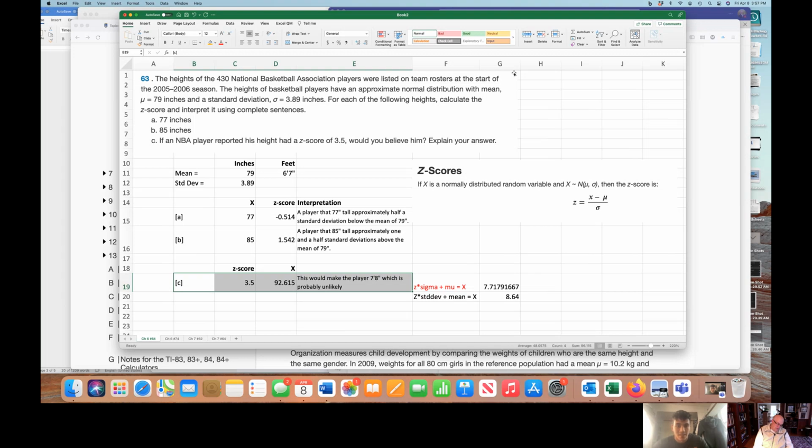Okay, the list of the tallest players is currently topped by Gheorghe Muresan, 7'7". Manute Bol was 7'7".